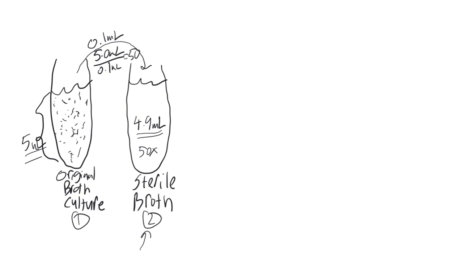Now, when we do a serial dilution, we usually have to dilute more, because doing one dilution is usually not enough. So let's do this again. Let's bring in another sterile broth, and let's say that this time the amount of sterile broth in here is 9.9 milliliters.